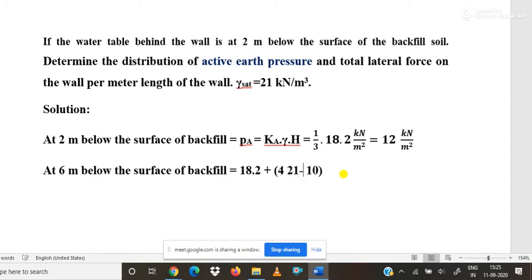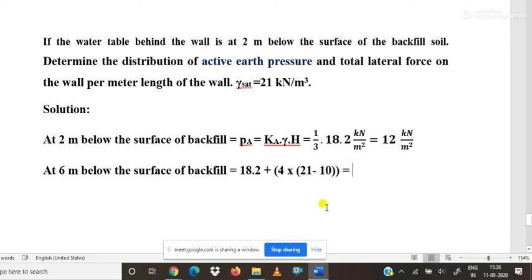You may write the calculation like this, same thing. I have just calculated the submerged unit weight from the given saturated unit weight, that is 21 minus 10. 10 is nothing but the unit weight of the water.